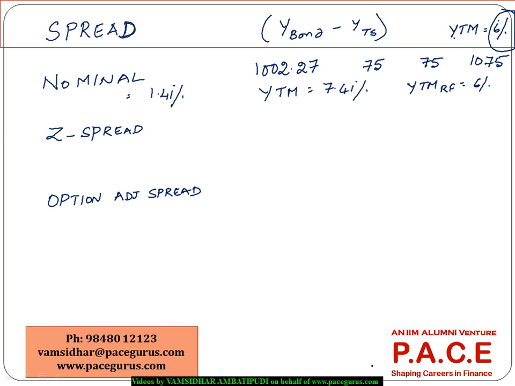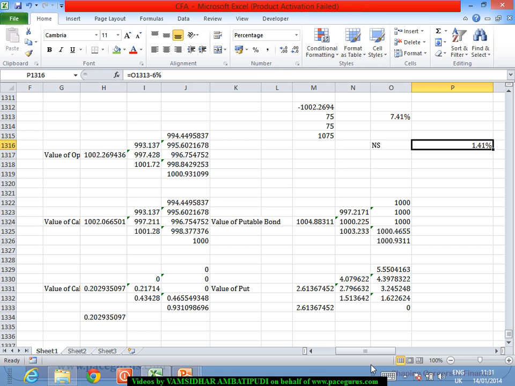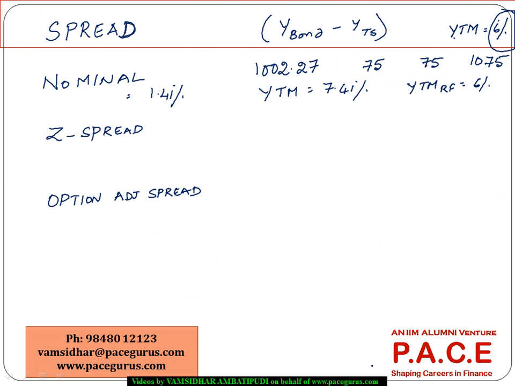But the next thing I look at is the zero volatility spread, that is the Z spread. For the Z spread, I typically look not at the yield to maturity but at the spot rates for each of the 3 years.